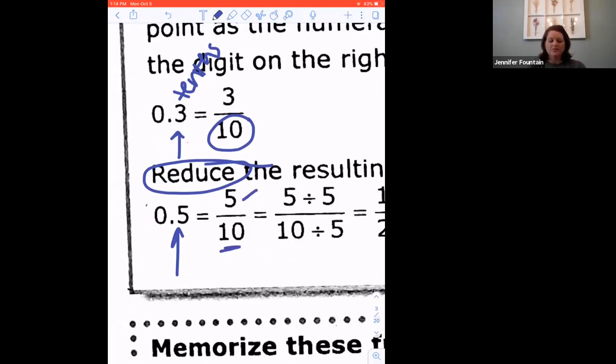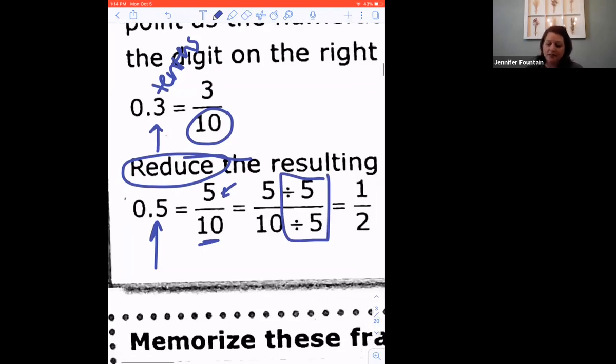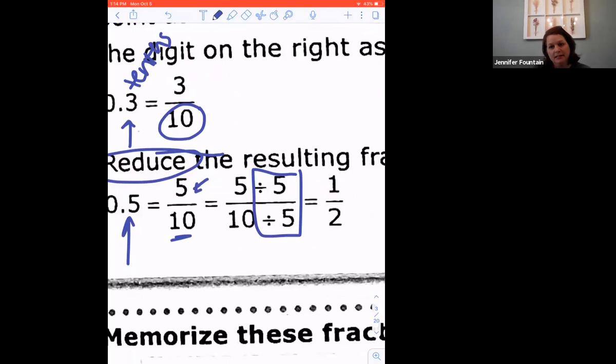My numerator is 5. Now I've got 5/10. I need to make sure that I have it in simplest form, but when I have a 5 and a 10, I know they're both divisible by 5. So you can see that they divided the numerator and the denominator by 5. So I ended up with 1/2 in simplest form. So I always want to check and make sure I have simplest form.